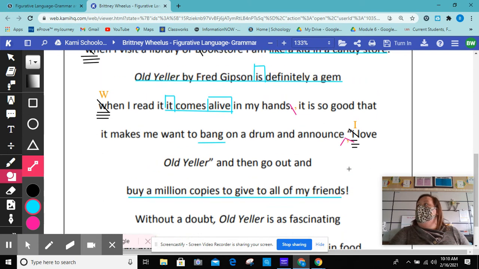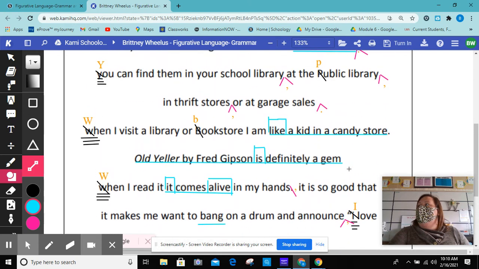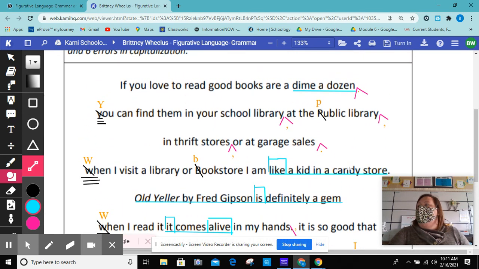Okay, I want to know what y'all have underlined. A dime a dozen, okay. Bang, good.